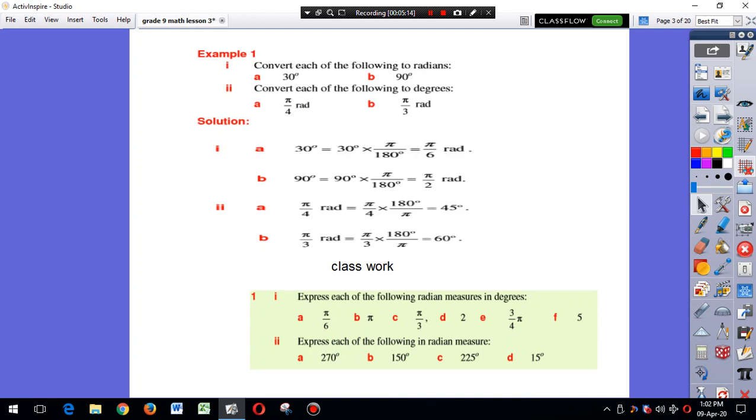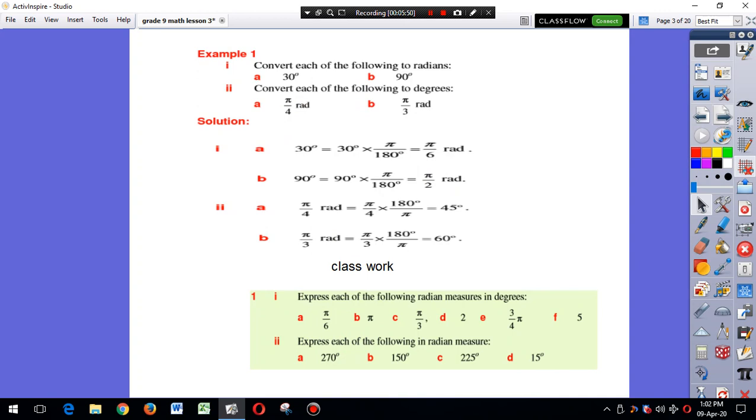So by using the above notations, we can do this example. Example 1 says: Roman number 1, convert the following to radians. It's given in degrees, and we are expected to convert into radian measure. And the second question, Roman number 2, convert each of the following to degrees. It is given in radians. So when we come to the solutions, Roman number 1a is 30 degrees.